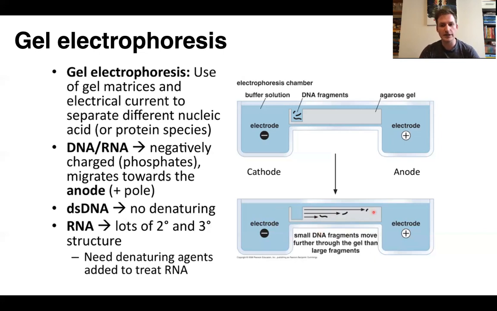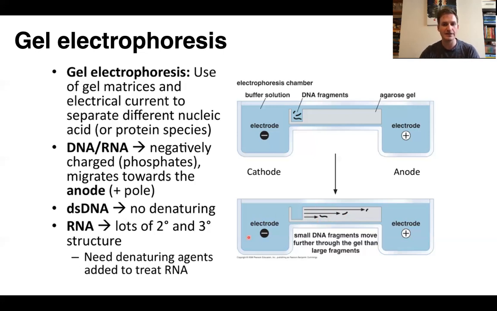So small DNA segments like this one here will migrate very quickly through this gel matrix because it has less drag. Medium-sized fragments will travel slower, but more quickly than large fragments that have a lot more friction with the gel matrix.